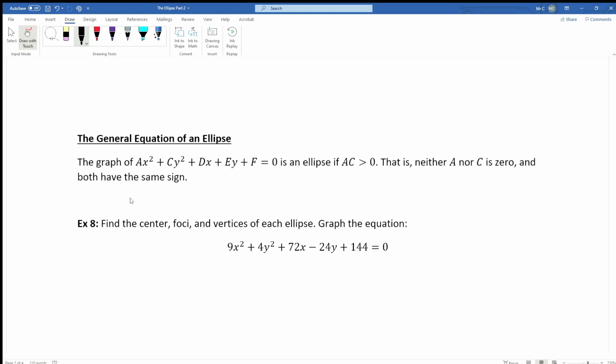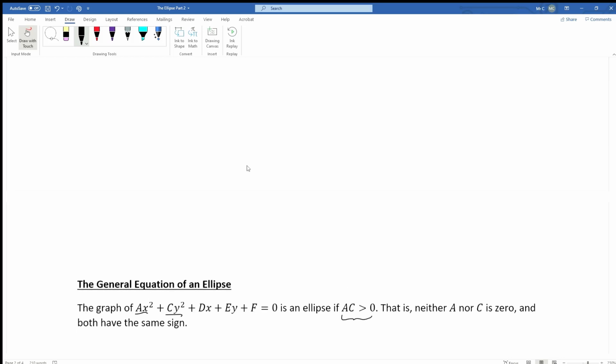Now, this general form is ax squared plus cy squared plus dx plus ey plus f equals 0. What are the conditions for it to be an ellipse? The condition is that a times c has to be positive. That is, neither a nor c is 0, and they both have the same sign.